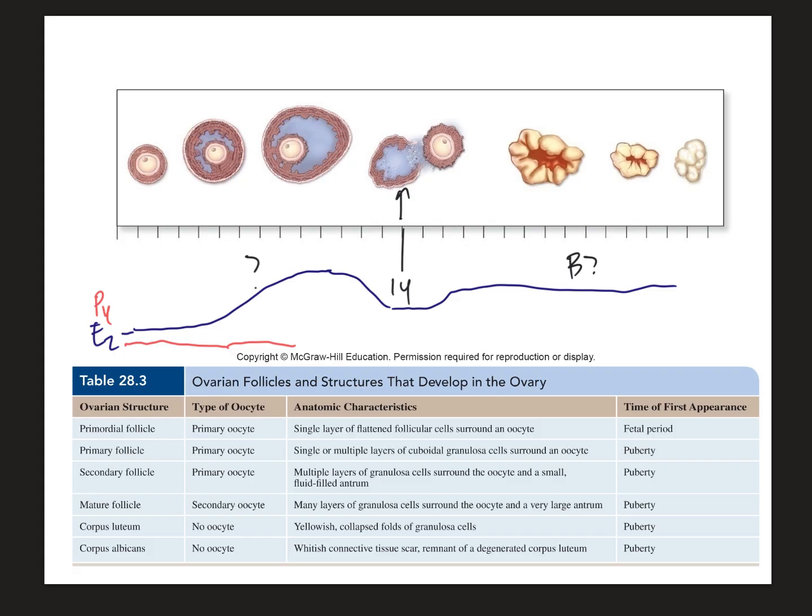Estrogen is produced by the follicle. Progesterone is produced by the corpus luteum. So now ovulation happens, progesterone comes up like this, and eventually drops down. It's high during the luteal phase because the corpus luteum produces the progesterone.